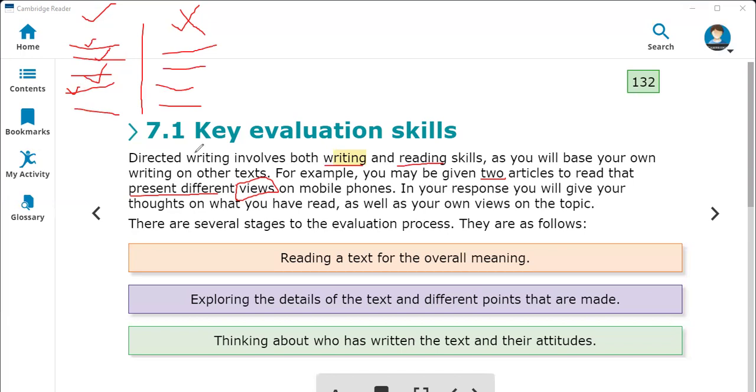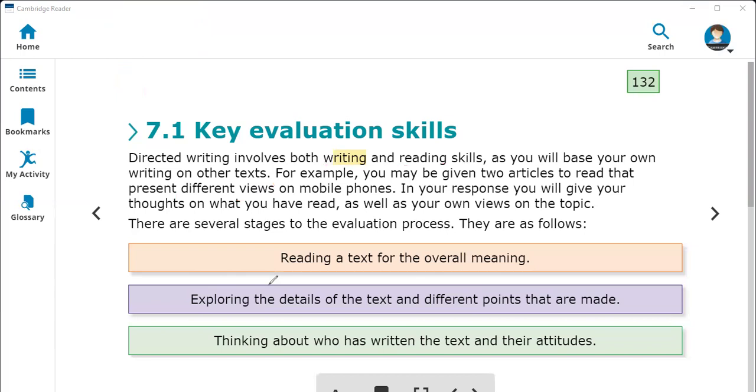Remember that whatever it is, you are actually defending your viewpoint. You're convincing your readers of your own viewpoint. That is really very important: you have to convince your readers of your viewpoint. So first of all, you have to read the given texts for the overall meaning.